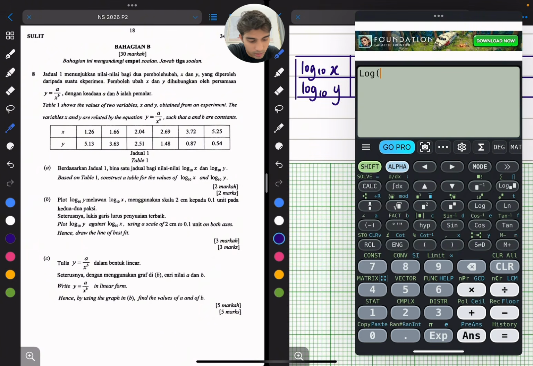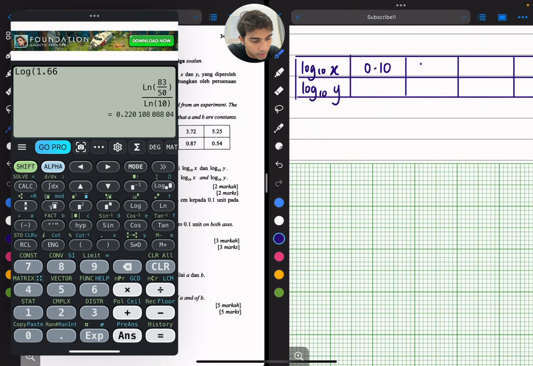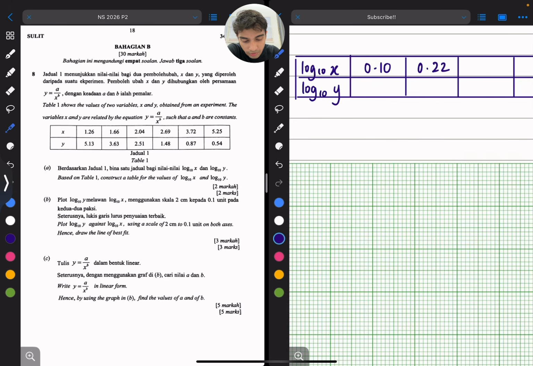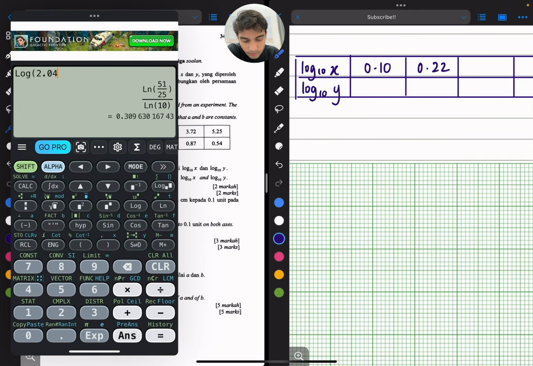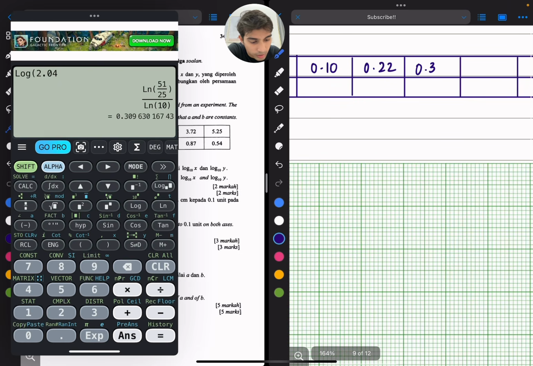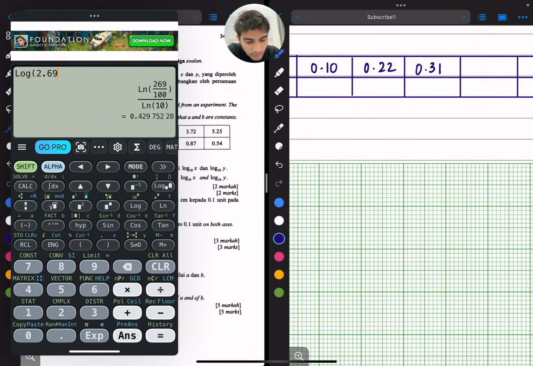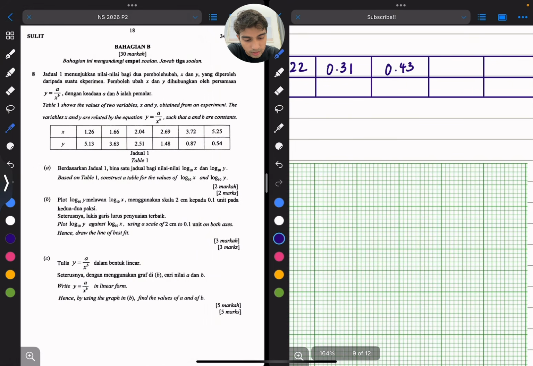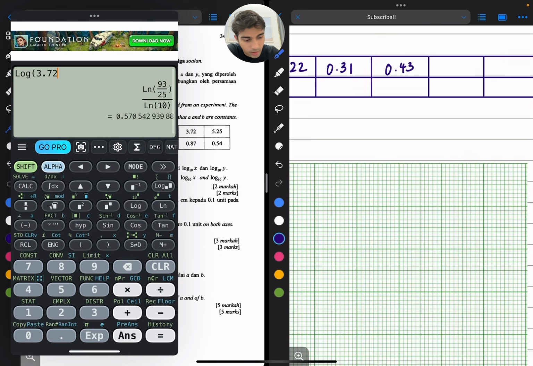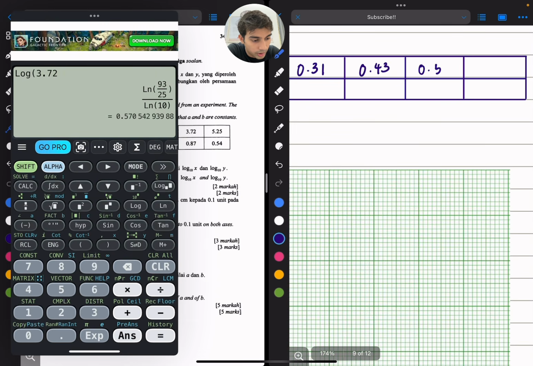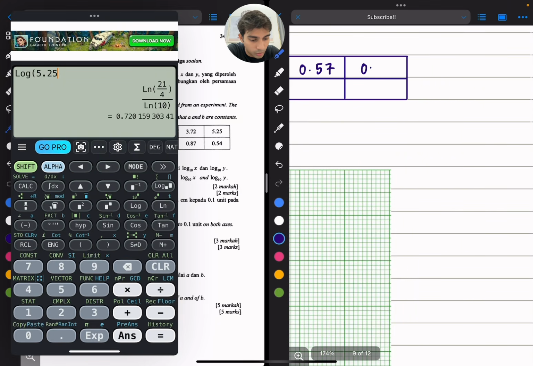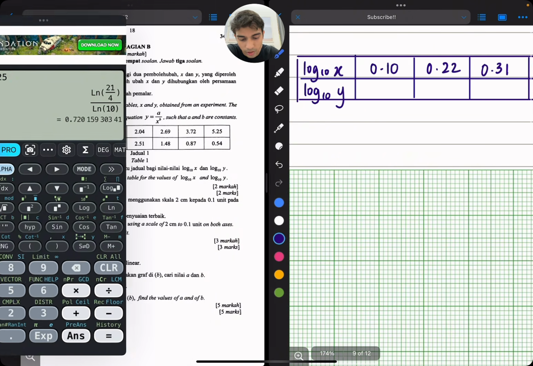And then log 1.66, 0.22, log 2.04, 0.31, log 2.69, 0.43, log 3.72, 0.57, and log 5.25, 0.72. Okay, now we do the y-axis.